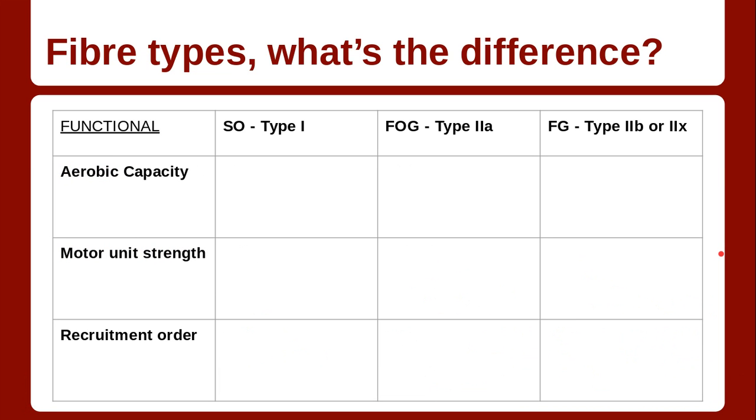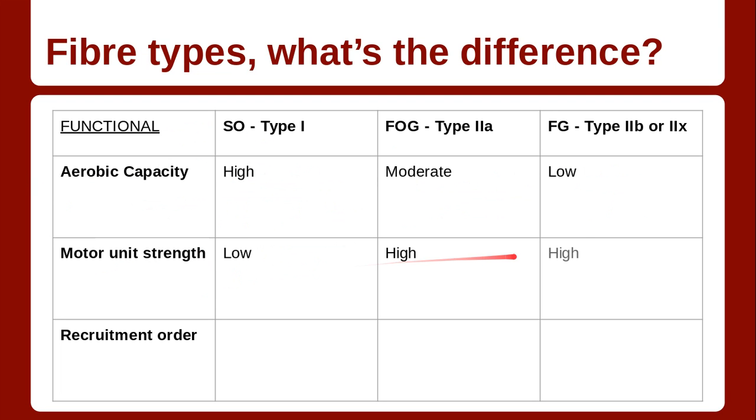So in terms of functional capacity, how they work, obviously our aerobic capacity, quite self-explanatory what we'd expect here. High for our type 1, moderate for our type 2A, and low for our type 2X, obviously due to the activities they're suited to. Motor unit strength, again, probably what we would expect here.